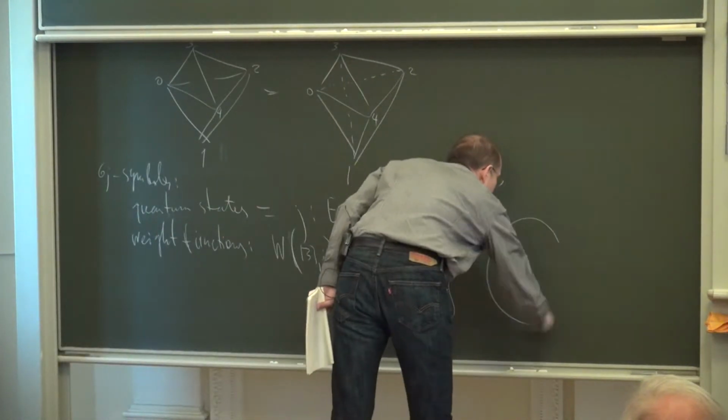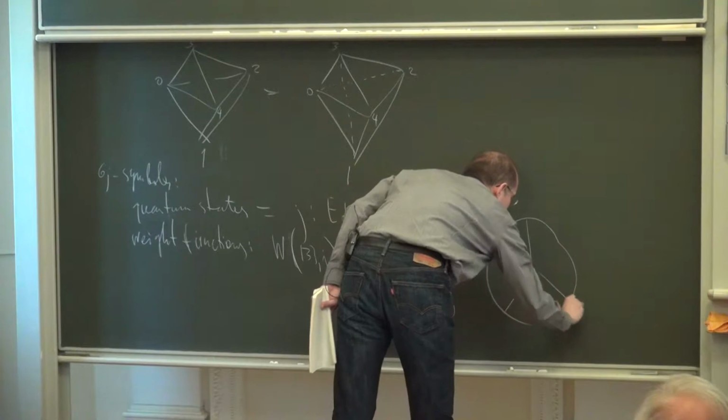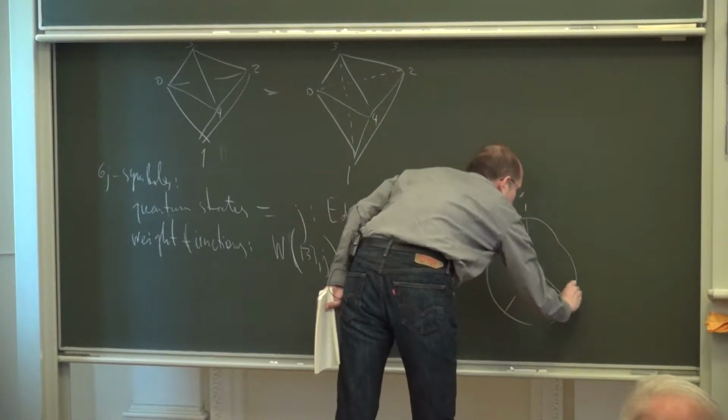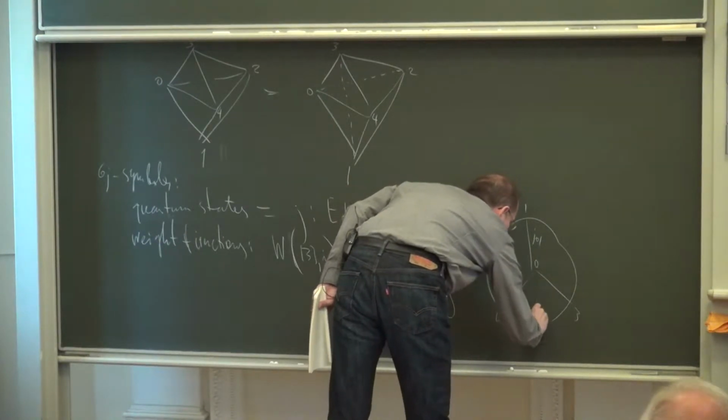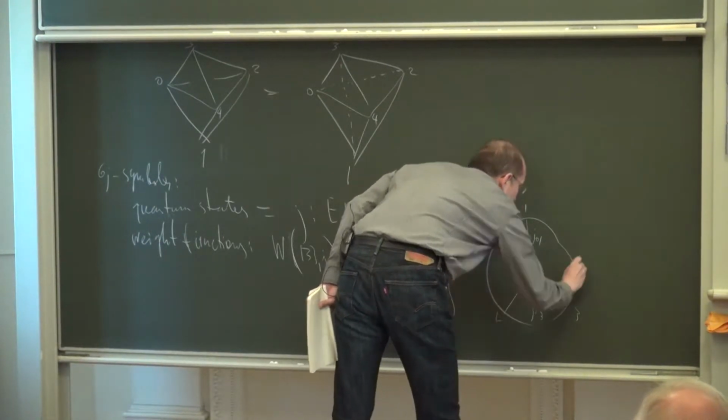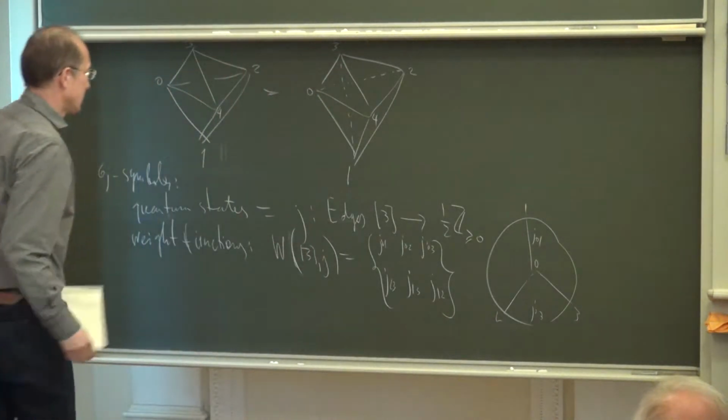Geometrically, we just color the edges by half-integers, j01, j23, and so on: a 6j symbol.